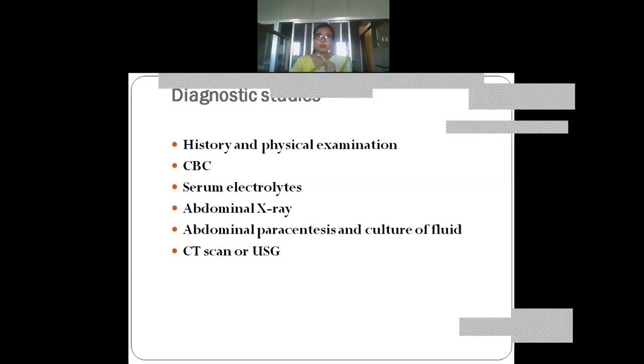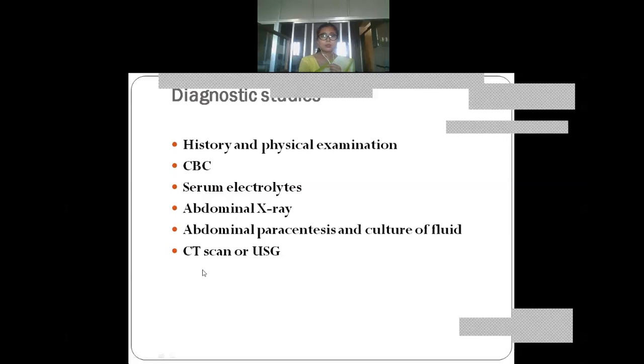So removal of that fluid from the peritoneal cavity is called paracentesis. After paracentesis, the fluid can be sent for culture to find out the microorganism causing the condition. And then CT scan or USG, meaning ultrasonography.